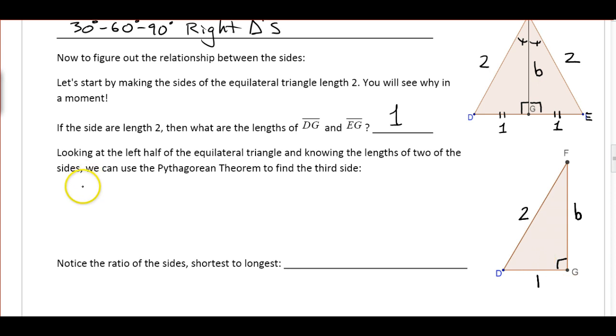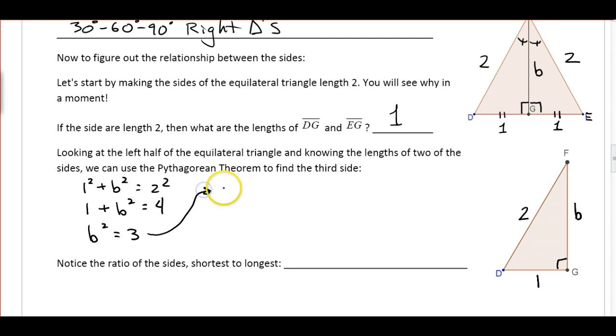So I know that 1 squared plus b squared is equal to 2 squared. So 1 plus b squared is equal to 4. Subtract 1 from both sides, I get b squared is equal to 3, which means that b is equal to negative square root of 3, because we're going to take the square root of both sides, or positive square root of 3, and then we don't need the negative.